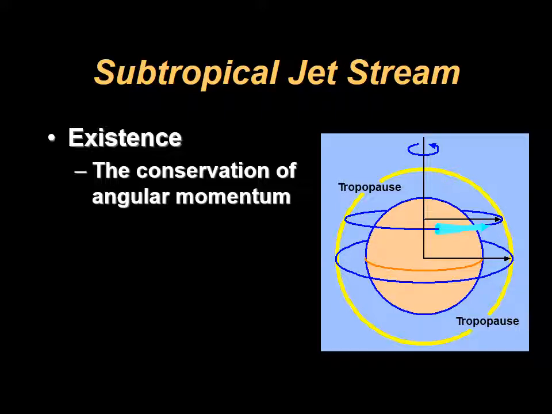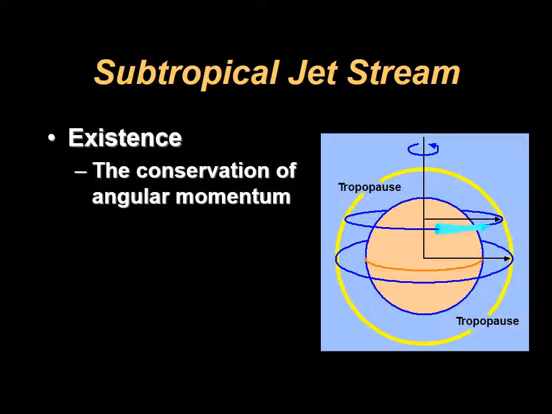Remember that there's a Hadley cell in the tropics, and as the air rises in the upper levels of the atmosphere, it moves northwards from the equator towards the pole. As it does that, notice that the radius of the Earth along its axis of rotation is decreasing.